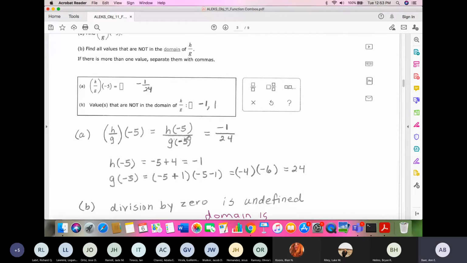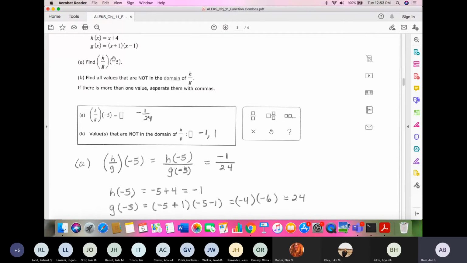Now we also need to find g of -5. So we go to the g function and plug in -5. We see x twice here, so we're going to plug -5 in for x here and in for x here. I want to reiterate, this x really means the word input.